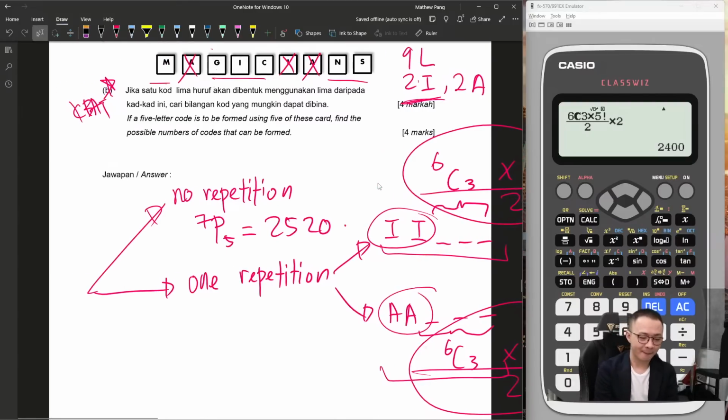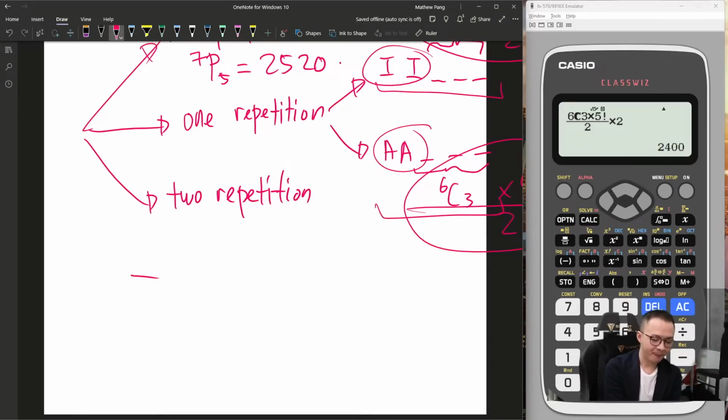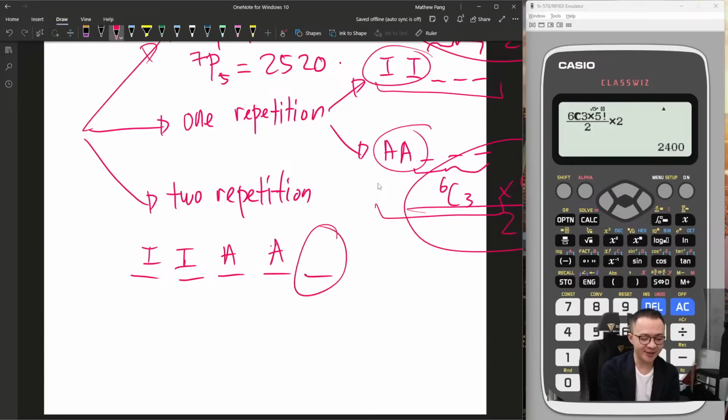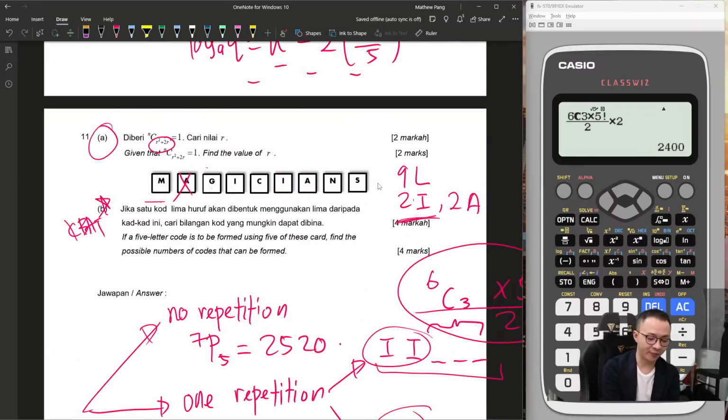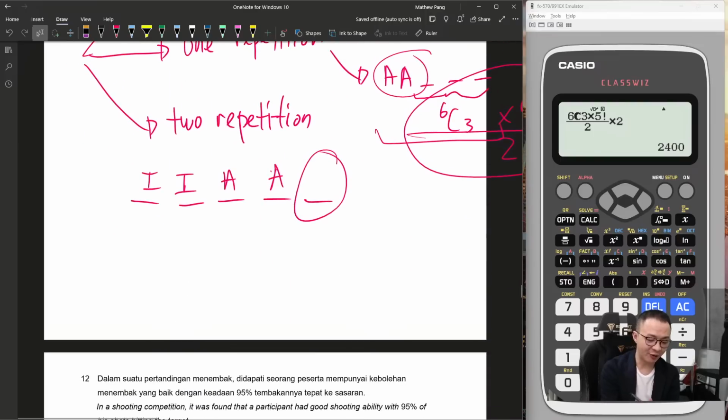Lastly, if I have 2 repetitions, what happens? That means here I have I and A. Then the last place here, I can fill up from the remaining 5 letters, so I only have 5 choices.